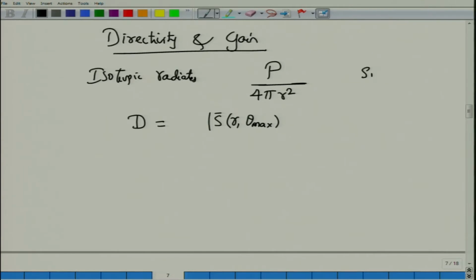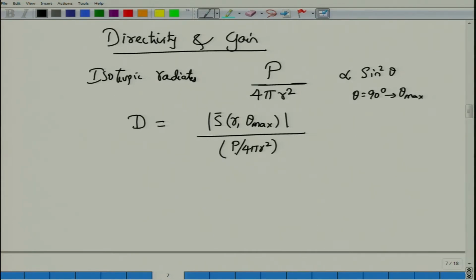For an elementary dipole the Poynting vector is proportional to sine square theta, and clearly at theta max of 90 degrees there is the maximum time average Poynting vector. So you take that value and divide by the isotropic radiation density, which is P by 4 pi r square.